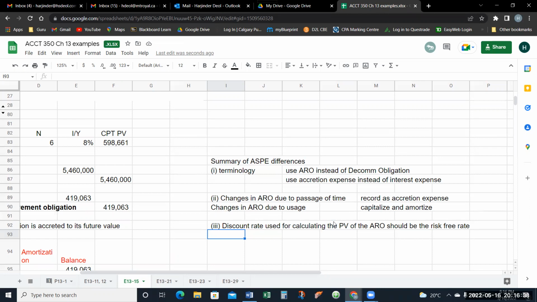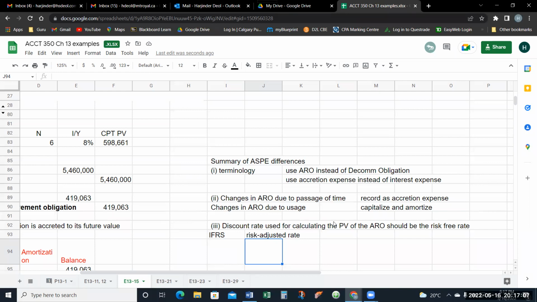And under IFRS, we use a risk-adjusted rate. So in this problem, we used 8% for both IFRS and ASPE, and that is technically not correct, because if 8% was the rate under IFRS, and that was the rate that is adjusted to reflect the risk inherent in the company, the risk-free rate would typically be lower.